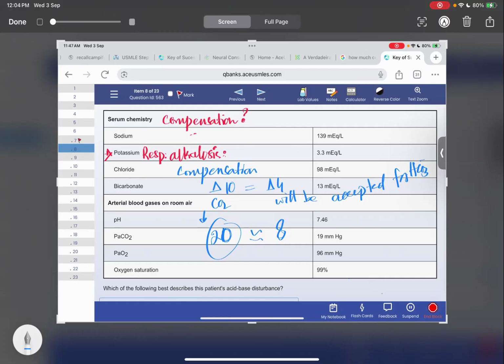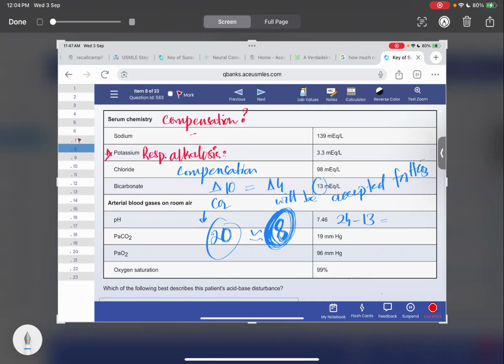Now let's check whether the difference in bicarb is actually 8 or not. We have bicarbonate 13, and normal is 24.